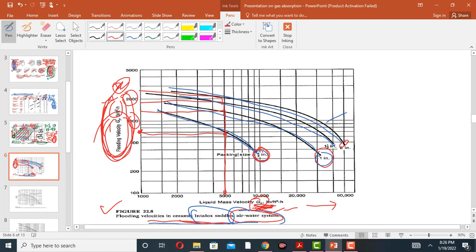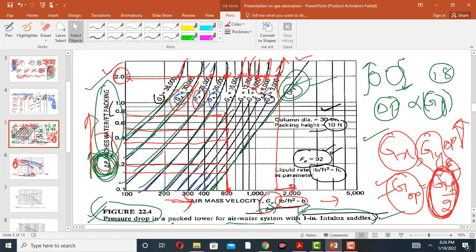So similarly, when we increase the Gx value, the liquid mass flux, the flooding velocity Gy decreases. Just if we see from this graph, here the Gx value is small, here it is large, 36,000.